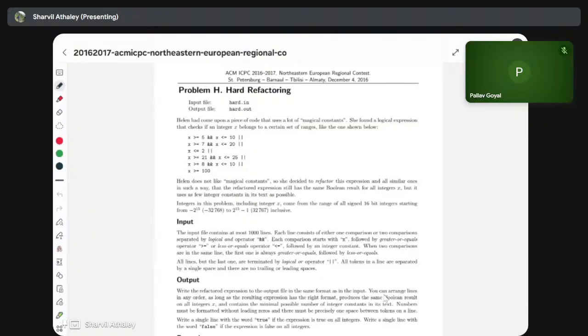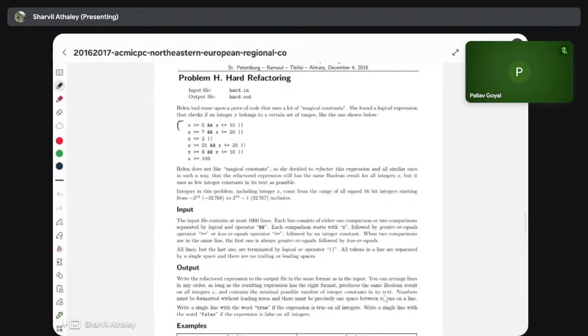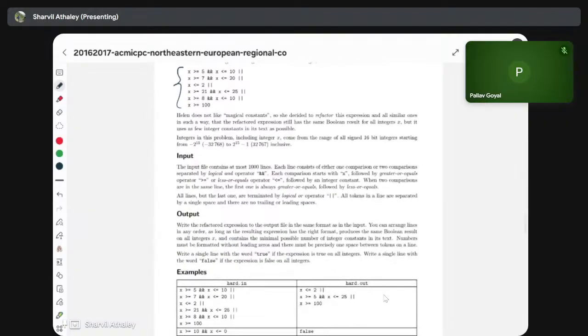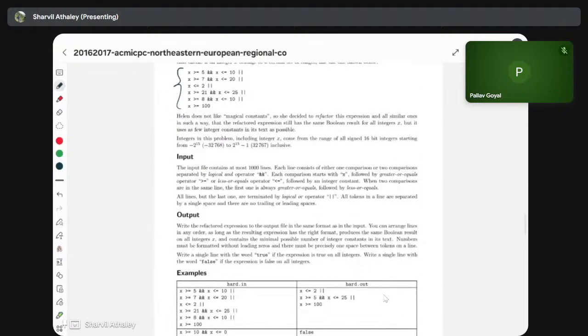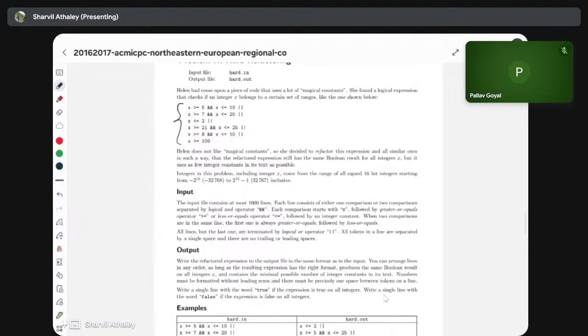In this problem, we were given some constraints and we had to decompose these constraints into the minimum number of constraints possible.